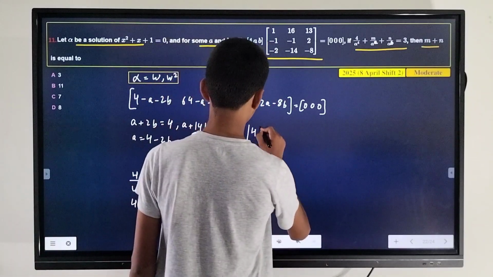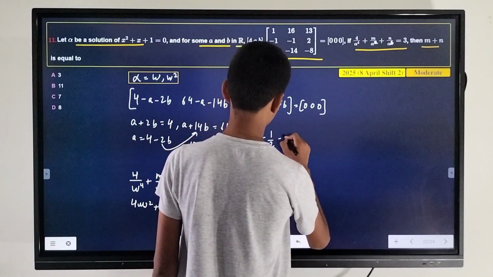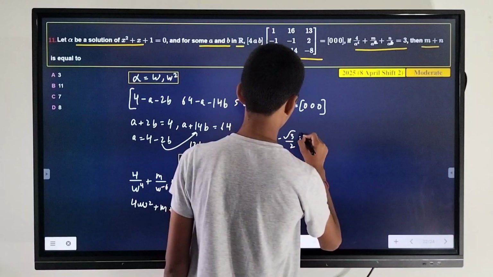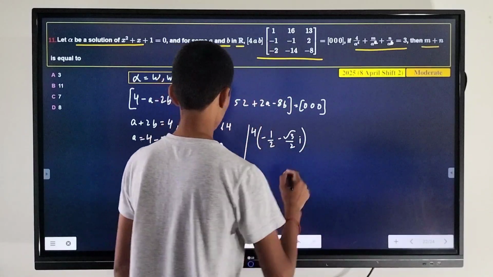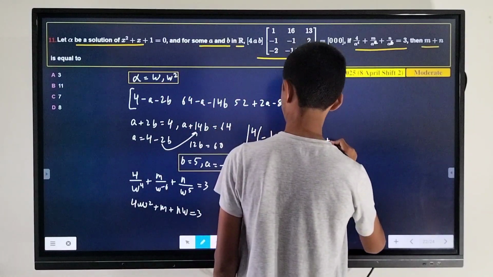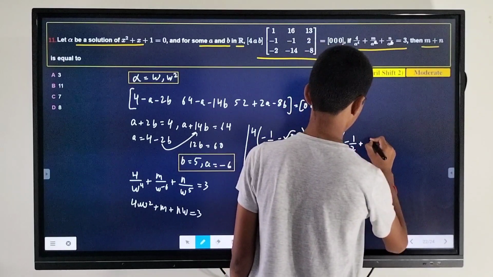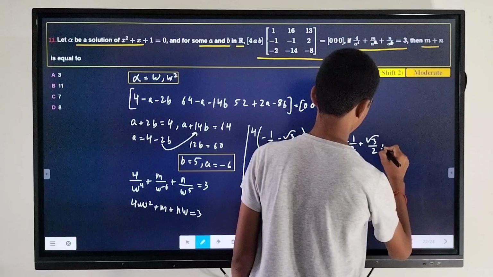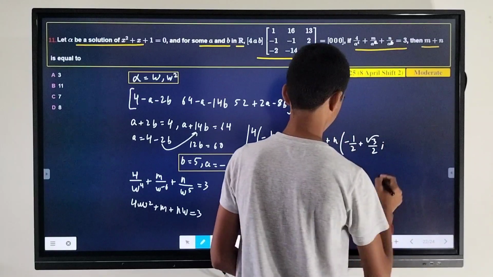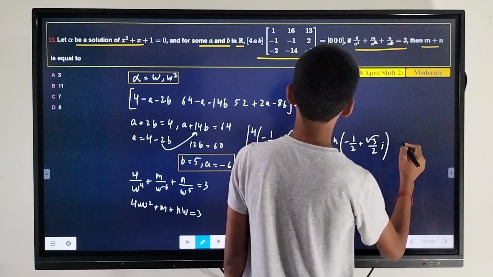So this will be 4 into minus 1 by 2 minus root 3 by 2 iota, plus m plus n into minus 1 by 2 plus root 3 by 2 iota is equal to 3.